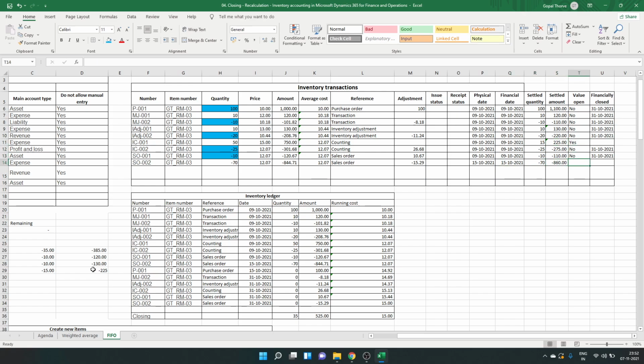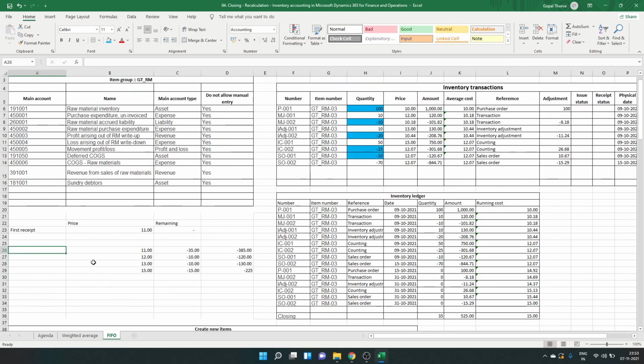In the last sales transaction, the value open will be no, because the entire 70 quantity and cost is settled against multiple receipt transactions. So here also it is financially closed. Now here if you see, this is from second, third, fourth, and fifth.